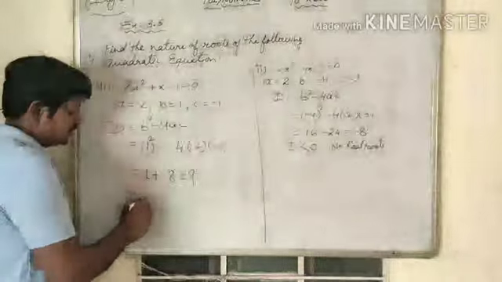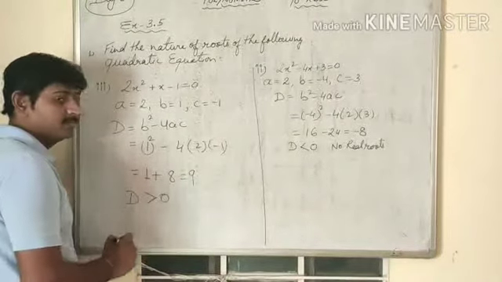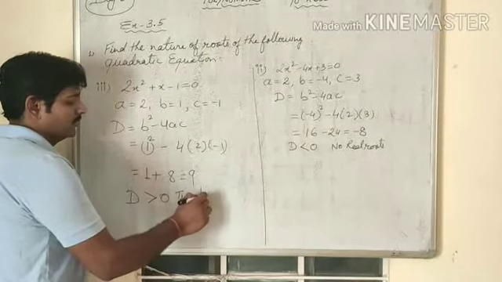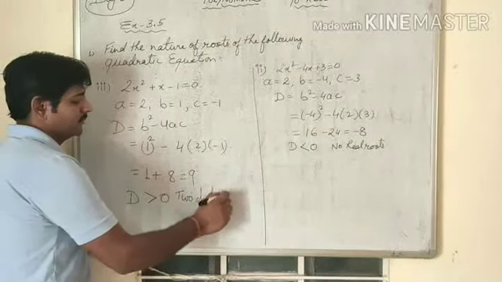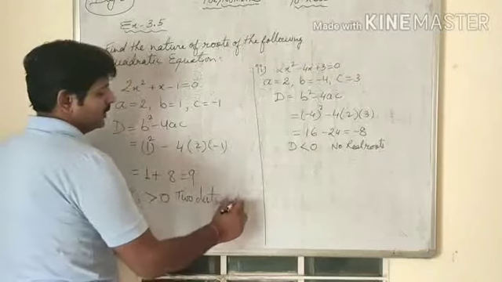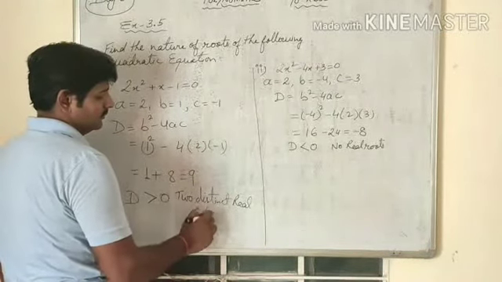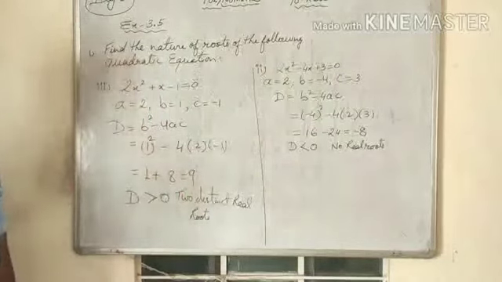The discriminant is 9, greater than 0, so there are two distinct real roots. This is the answer of the third part.